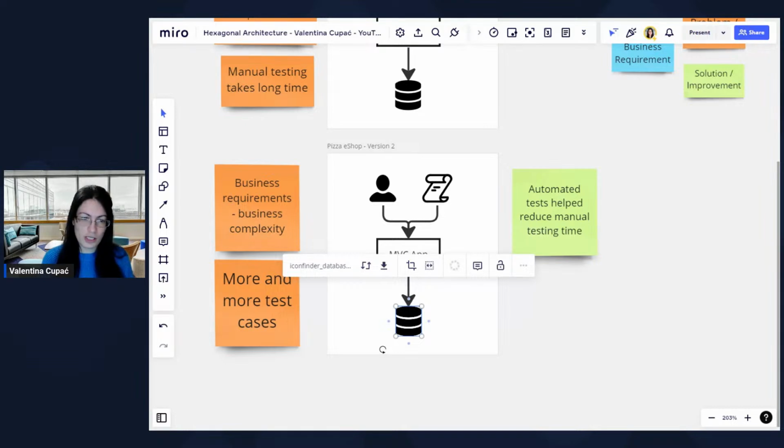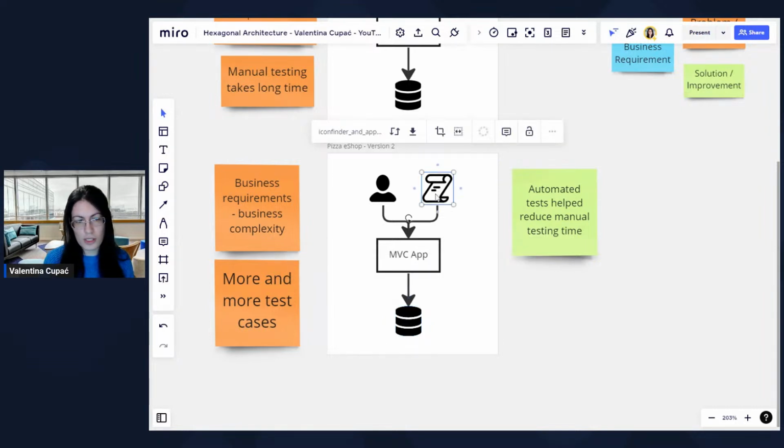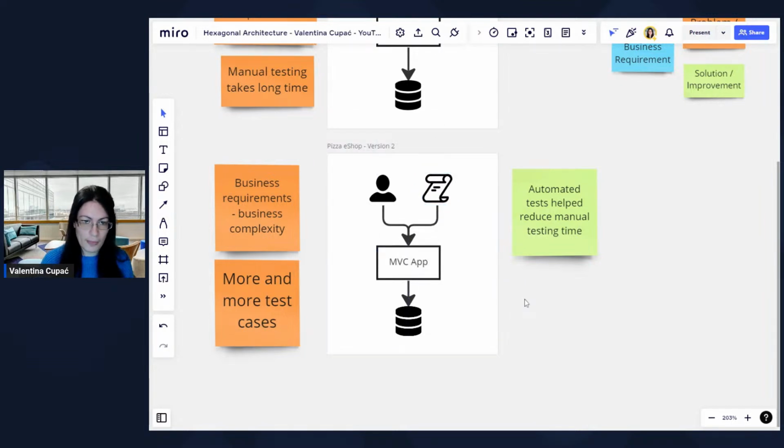And the question that the team is asking themselves is, does it really make sense that we are testing all of these different kinds of business logic through the UI? Can we perhaps test the business logic separately, not through the UI? That way, maybe we could help keep the separation between the UI and the business logic.